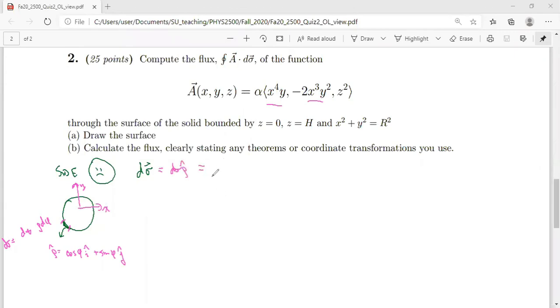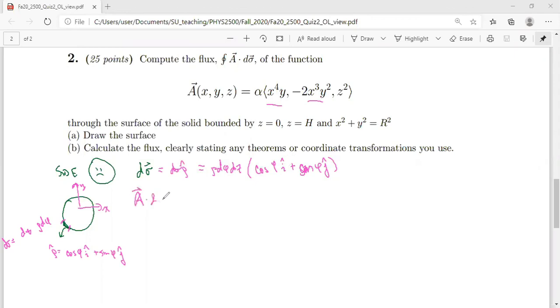The size is rho d phi dz. The direction is the tougher part: cosine phi i hat plus sine phi j hat. And then we dot that with the i hat and the j hat components.